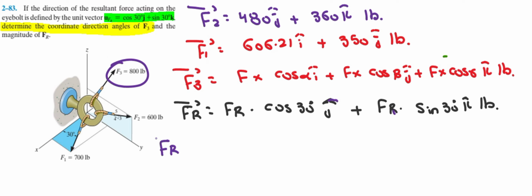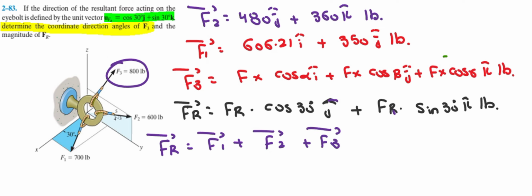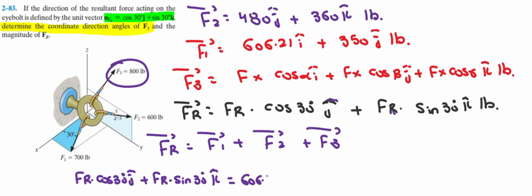So Fr is equal to F1 vector plus F2 vector plus F3 vector. The value of Fr is the magnitude of Fr dot cos 30 degree j with positive sign the magnitude of Fr dot sine 30 degree k, which is equal to F1. The value of F1 is written as 606.21 i cap with positive sign 350 j cap, plus F2.